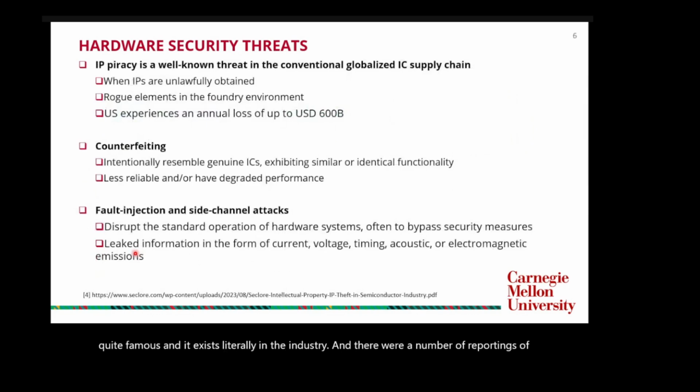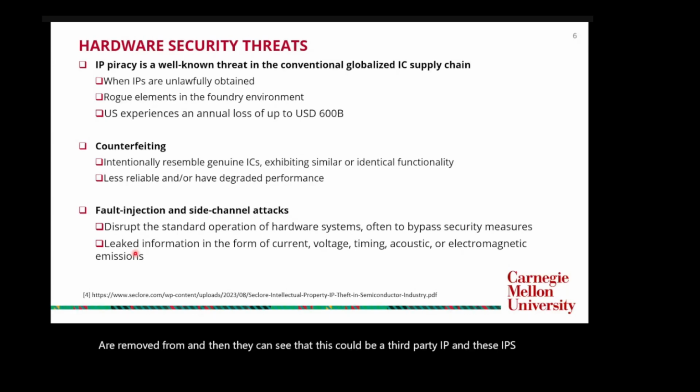And then we have IP piracy. IP piracy is also the biggest problem in the hardware security domain, given the globalized IC supply chains. When we send the IC to the foundry, they know all the transistor details, they know the layer details, they can easily understand this is a block, this is a core, and this block can be removed, and they can see that this could be a third-party IP, and these IPs could be stolen, and they can do whatever they want.